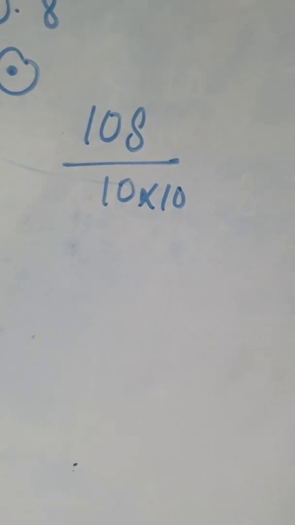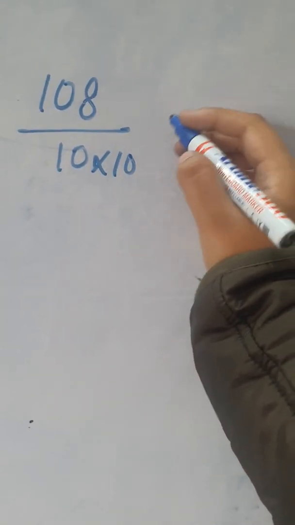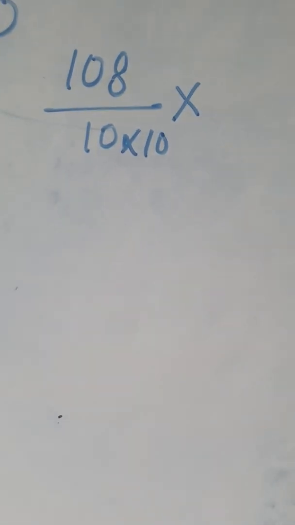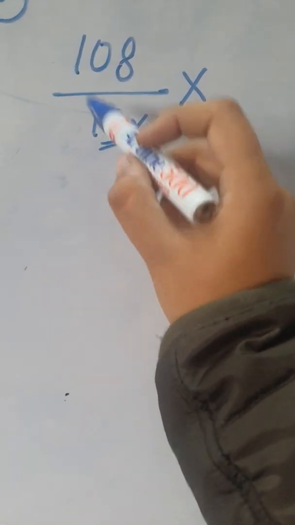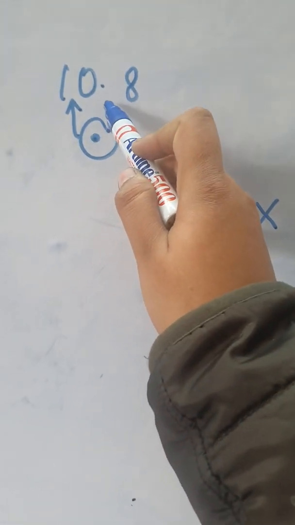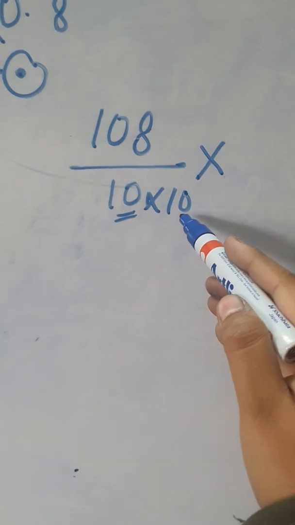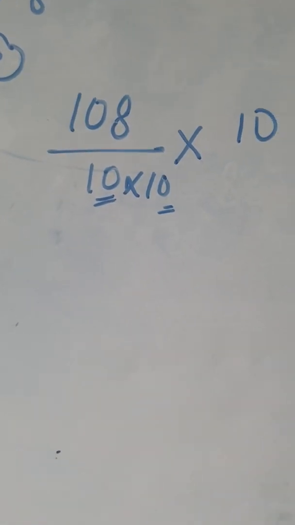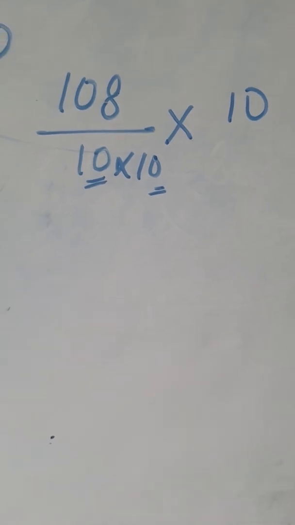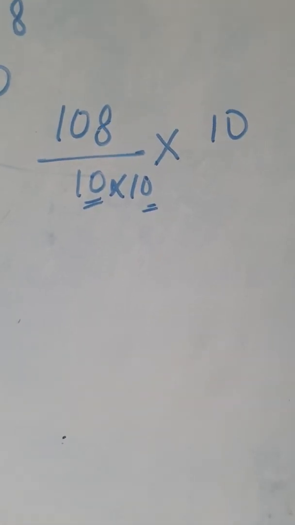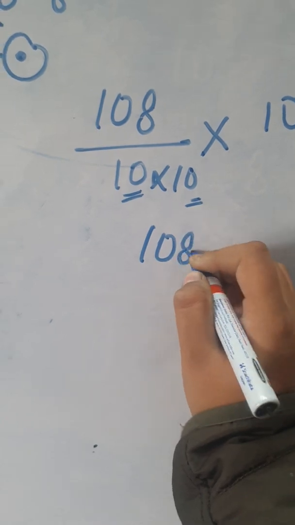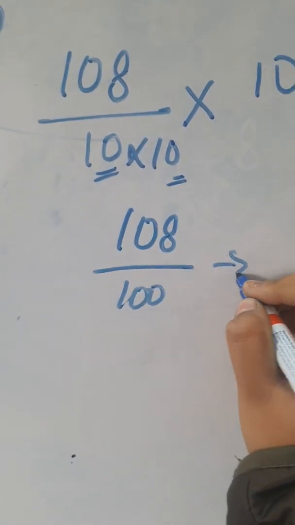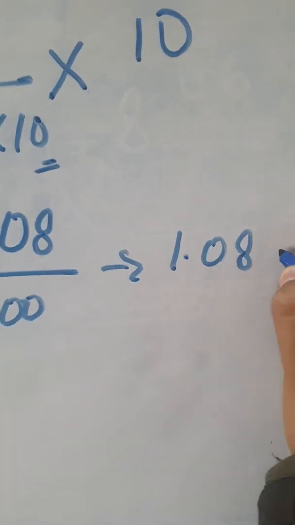Now what you have to do is multiply with the number of zeros you have added. This 0 was already there because the number is 10.8. We have added only 1 0. So we are going to multiply with only 1 0. So this becomes 108 upon 100, that is 1.08 into 10, that is 10 to the power 1.